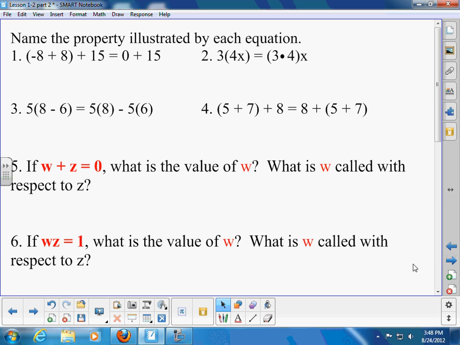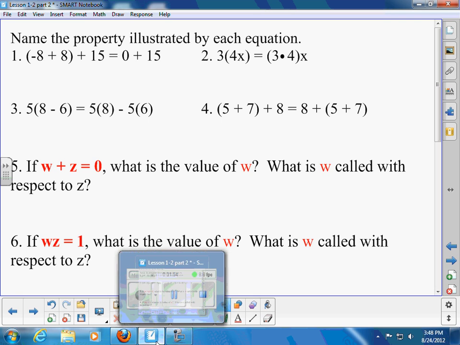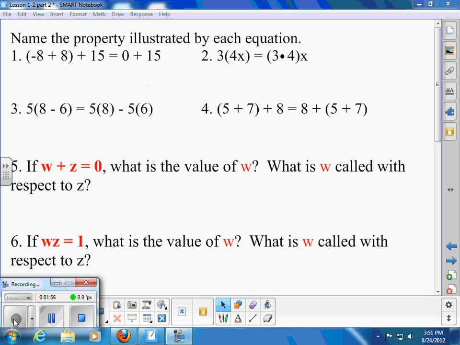On the following page of your notes, we're asked to name the property illustrated by each equation. The first 4 examples ask us to name the property that is illustrated by each equation.